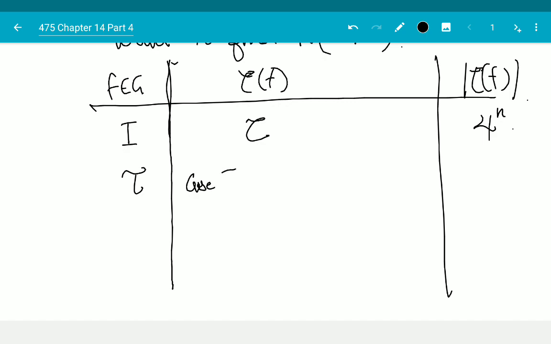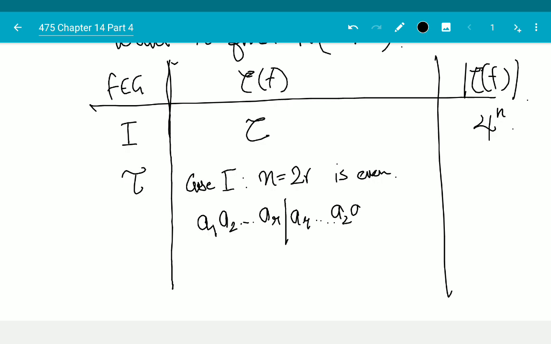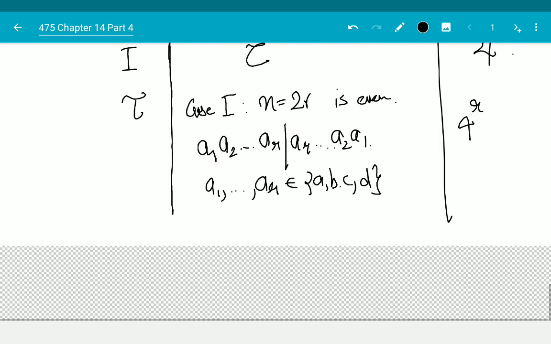Case 1, n is equal to 2r, so n is even, and so then the reflection happens around a1 a2 dot dot dot ar, reflect ar dot dot dot a2 a1, and therefore the number of choices is a1 to ar, which are in A B C D, and so we get 4 to the r, which is 4 to the n over 2.